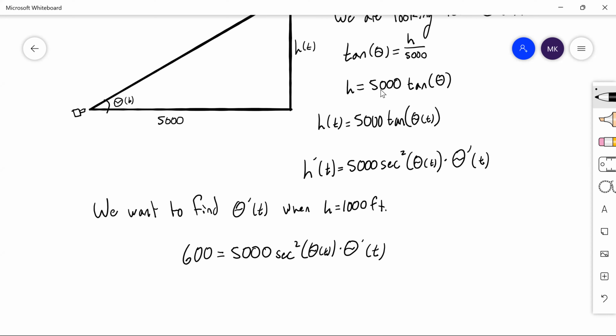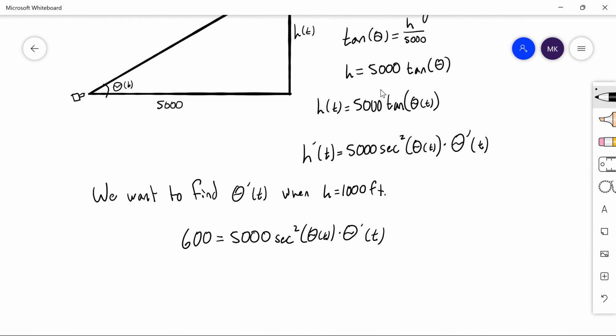Now, the problem is, what do I do with this secant squared? Well, keep in mind that theta of t is a fixed value at this fixed moment in time. We're looking at this singular moment in time when h is 1,000. So when h is 1,000, theta is a single value, so we don't have to worry about it being all of these possible values.